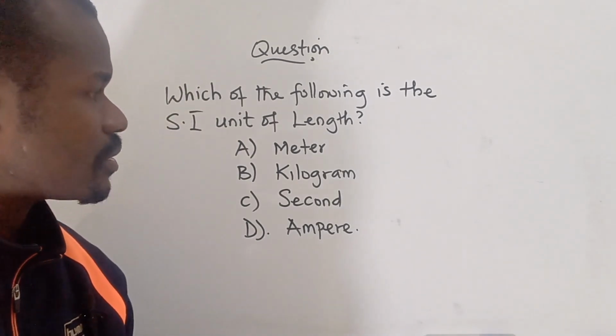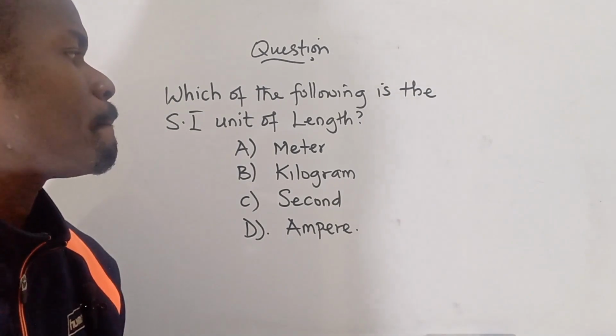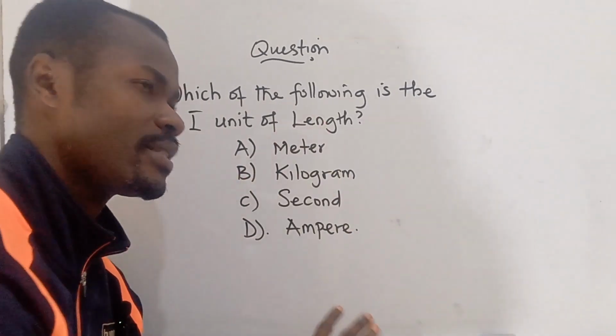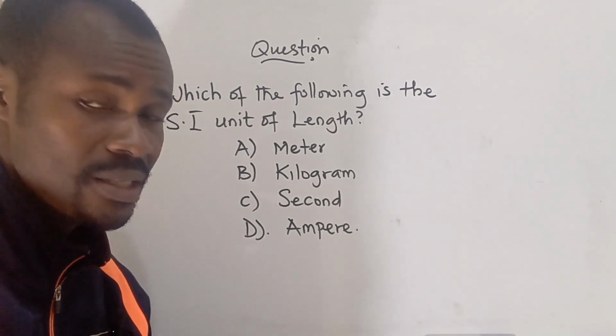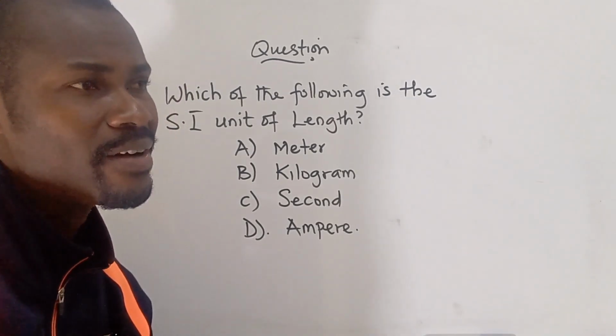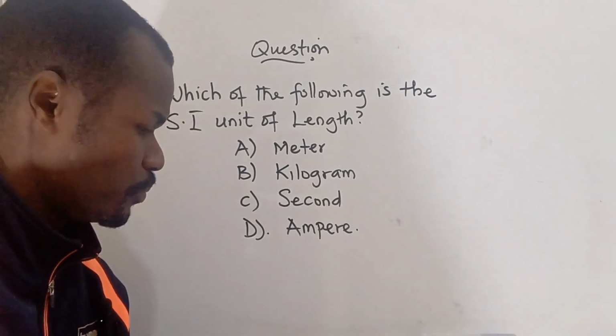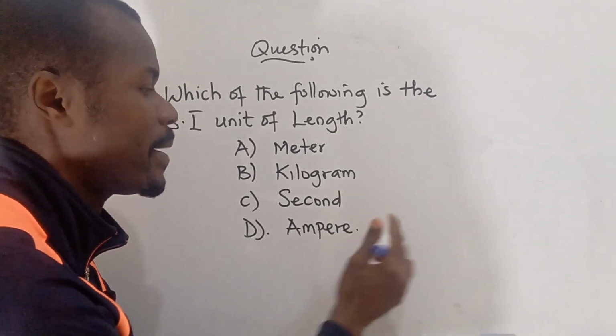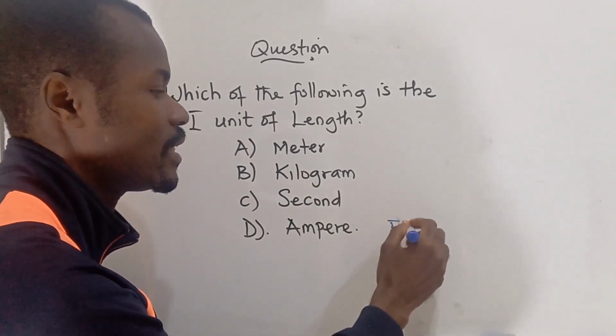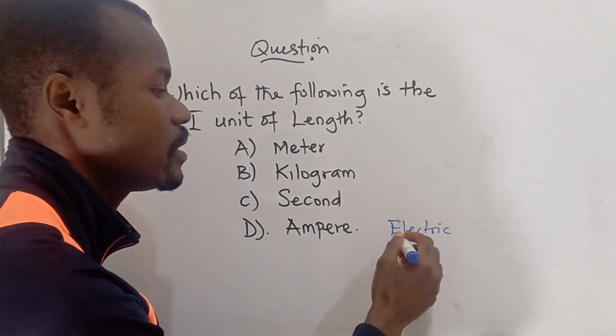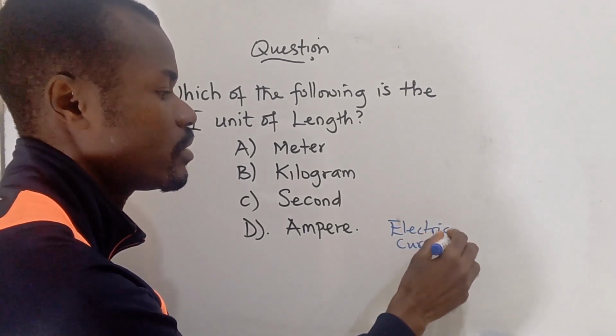So from this question, we can observe that these are called fundamental units. Now let's look at their fundamental quantities. For the last one, the ampere, it is the unit of electric current.